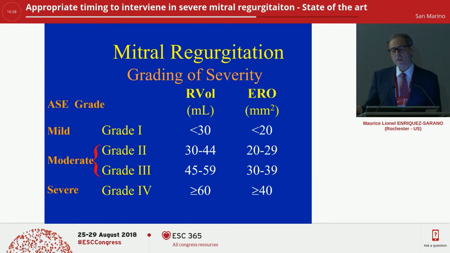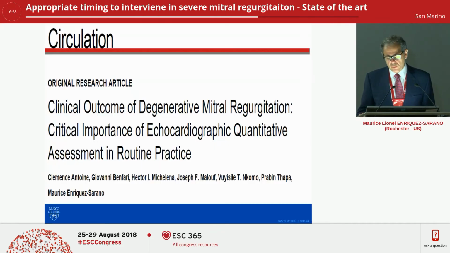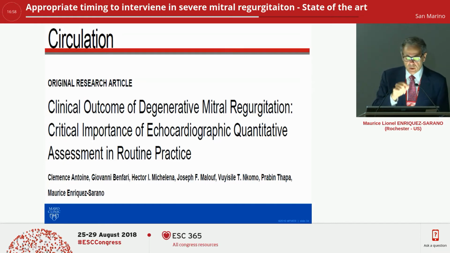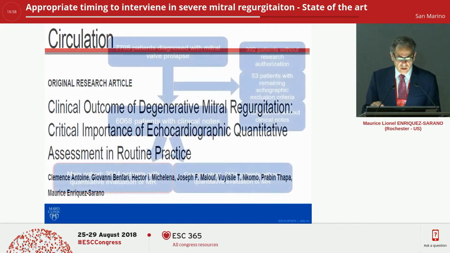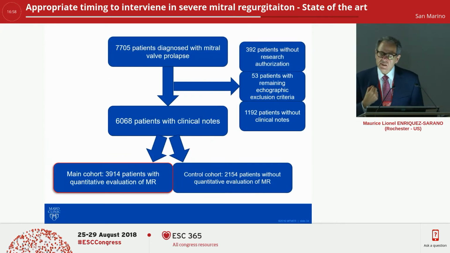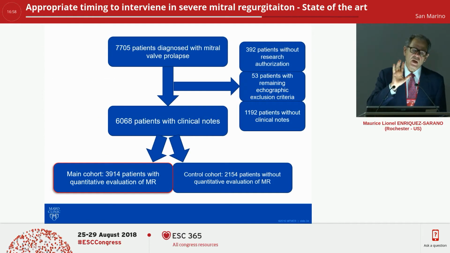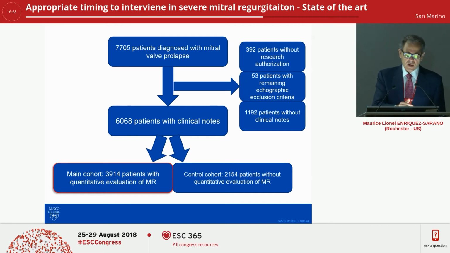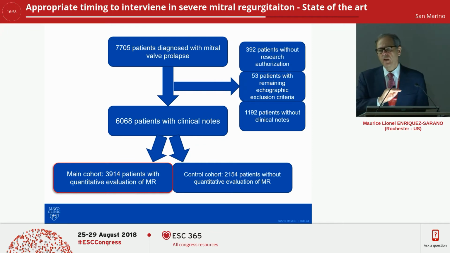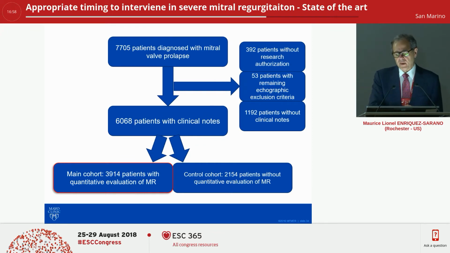And so, okay, how does it work in routine practice? How do we do it in routine practice? We published this year in Circulation this paper on what it is in routine practice. So what we did is we took not just the patients that I did the echo on, but everybody. Every single physician and sonographer, and there were 6,000 patients with mitral valve prolapse and MR, and of those, 3,900 had quantified mitral regurgitation after some exclusion.